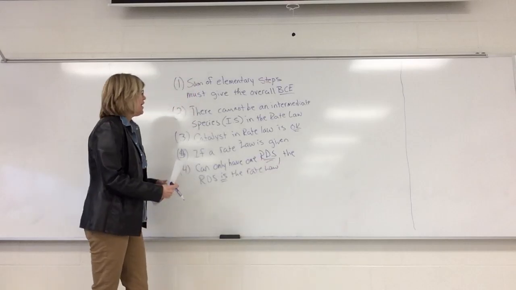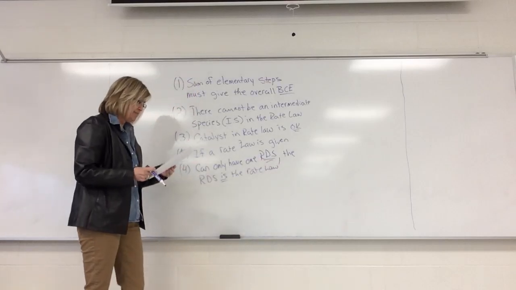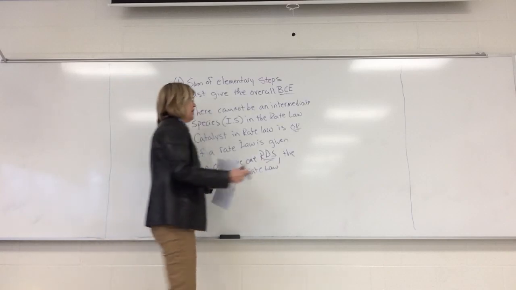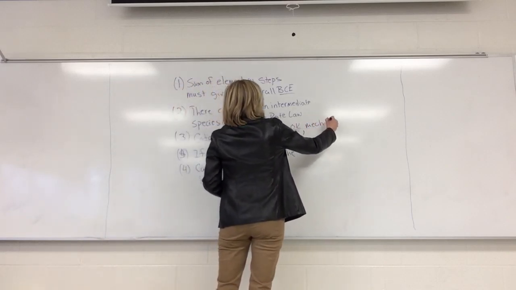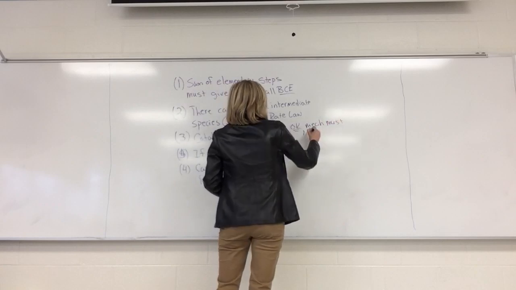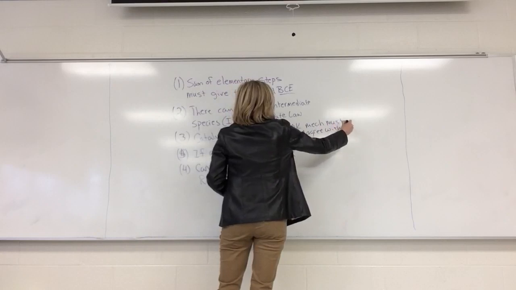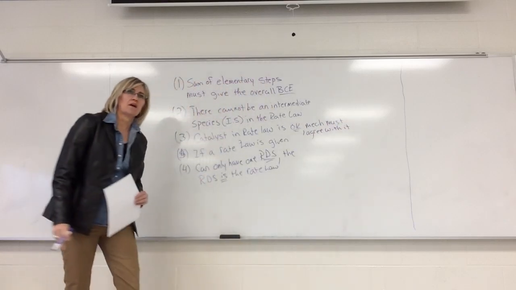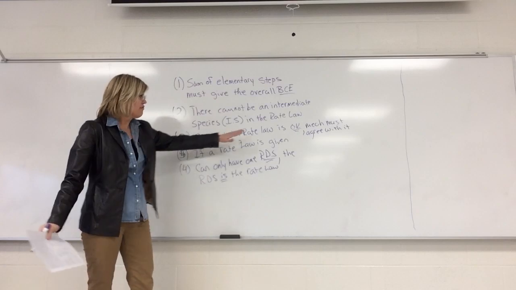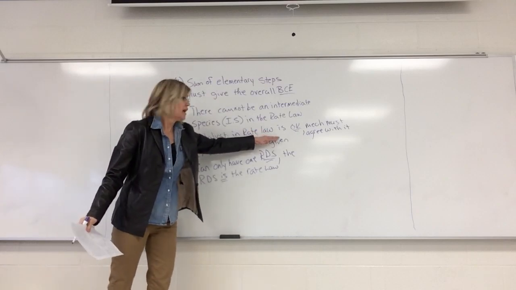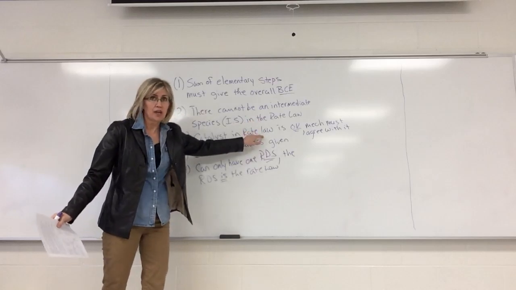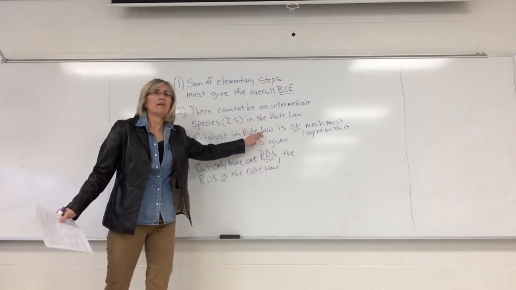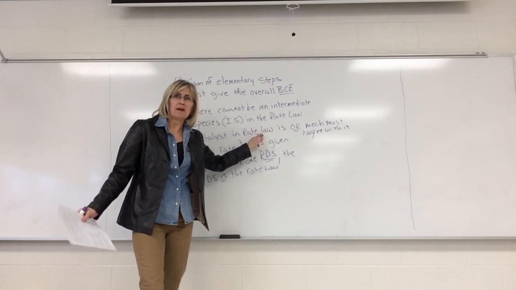Now, if a rate law is given, your mechanism must agree with it. If they give you a rate law and your rate determining step does not match the given rate law, then it is not an acceptable mechanism.